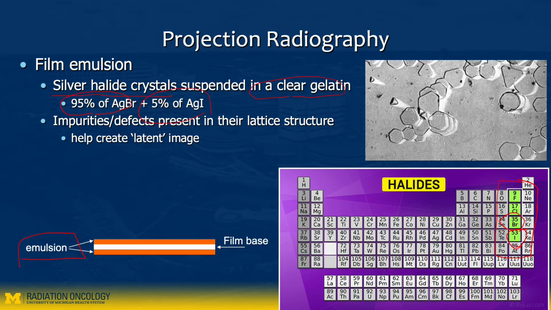They're suspended in this gelatin material. And by the way, these are some magnified views of those crystals inside the gelatin. The key component of this emulsion is these impurities. Okay, there are some defects within these lattice crystals, and these defects will help create the latent image that I'm going to explain in the next slide.